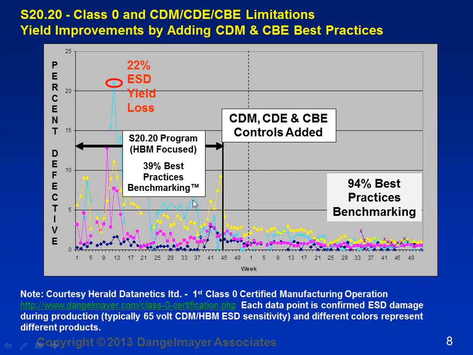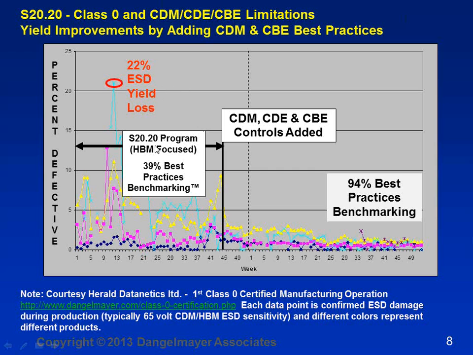So you can see that some products like this one were very sensitive with high losses as high as 22%. Others were robust and had very low levels of ESD failure rates.